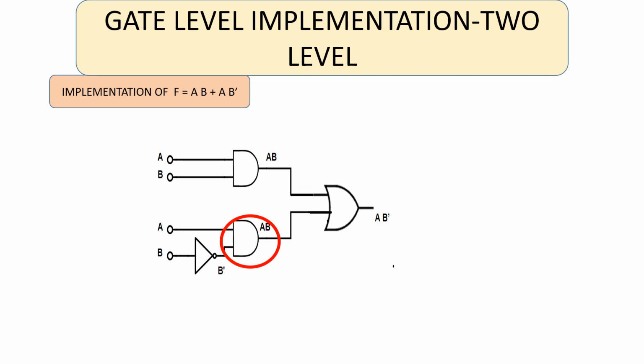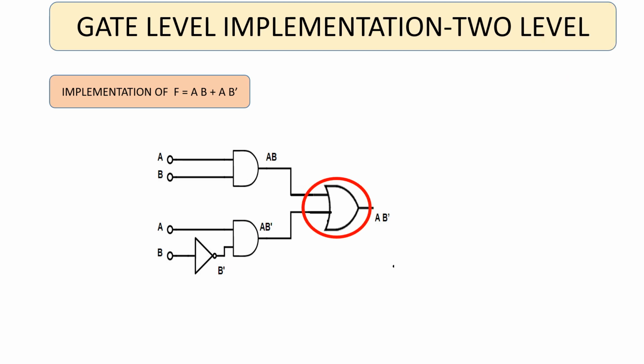One input is A and the other input is the inverted form of B, which is B bar. The last expression is AB plus AB bar. So the last gate which is needed is an OR gate. So the outputs from both the AND gates can be fed as the inputs to the OR gate, and the output is the required expression of F.